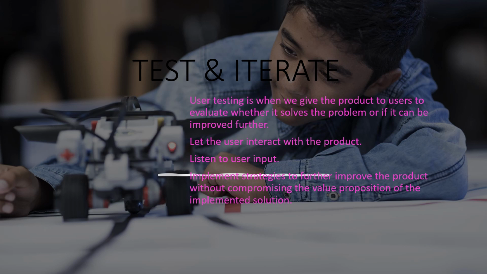In the user test, they give the product users time to evaluate if it solved the problem and if we can improve further on the design and if we even solved the problem to begin with. So we listen to the user input and implement the strategies to improve the product without compromising the value proposition of the design that we implemented first.